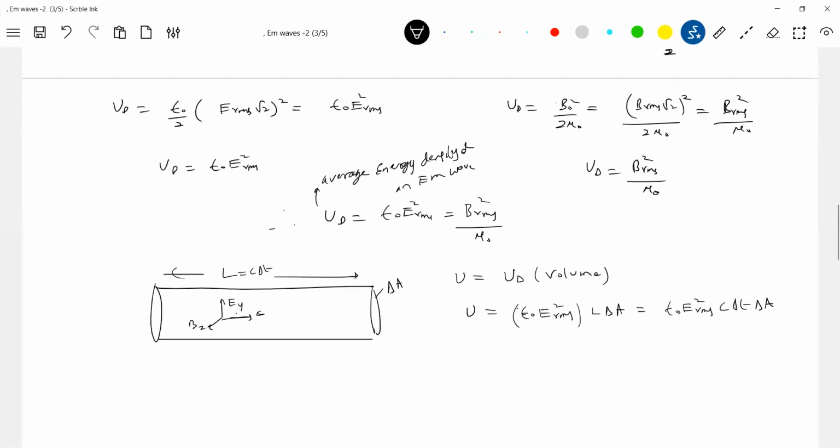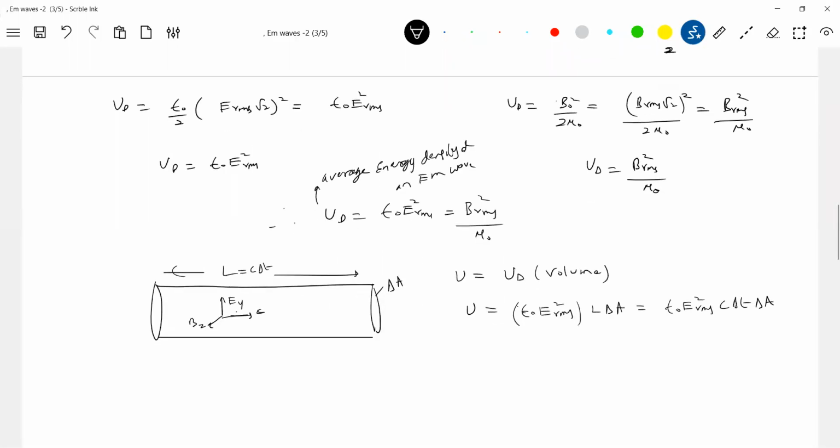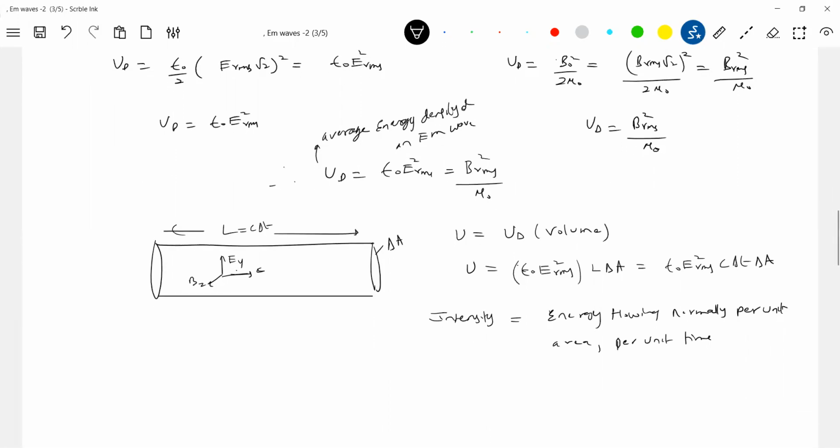And how do we define intensity? Energy flowing normally per unit area per unit time. So that energy will flow here.